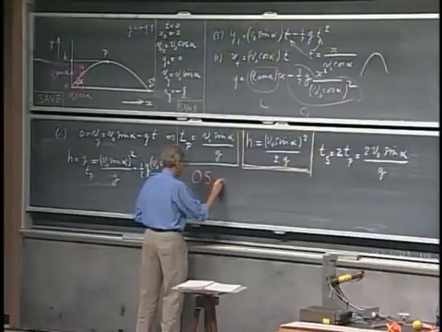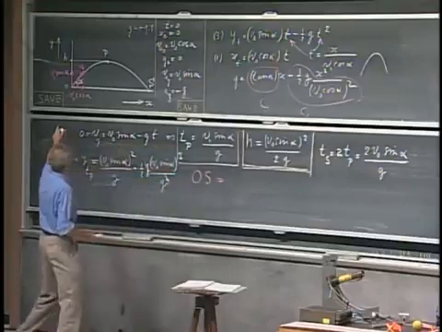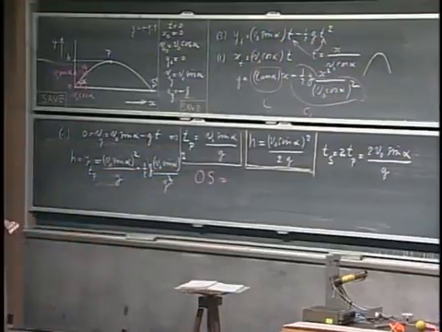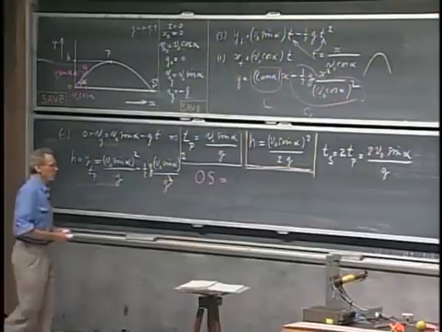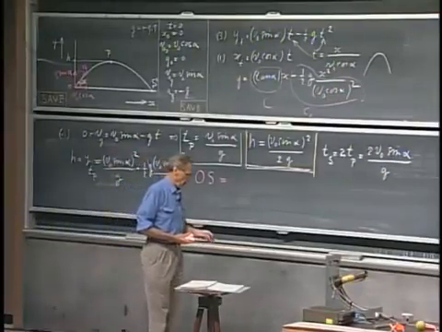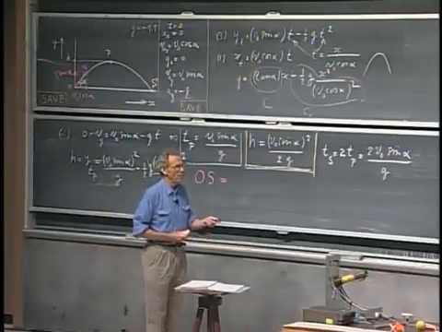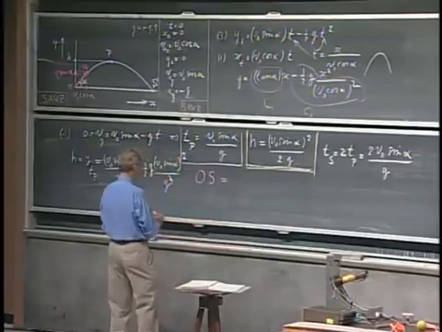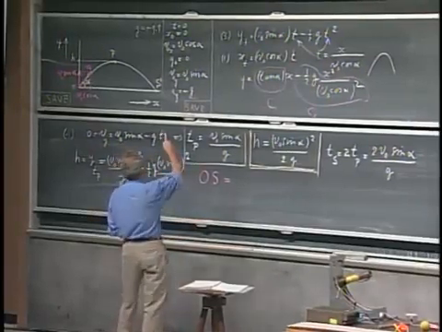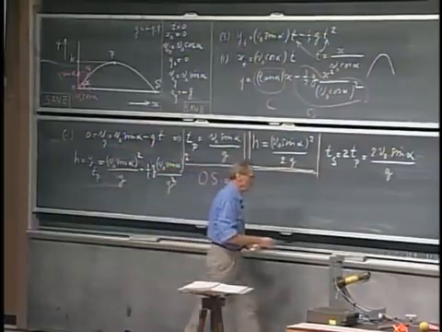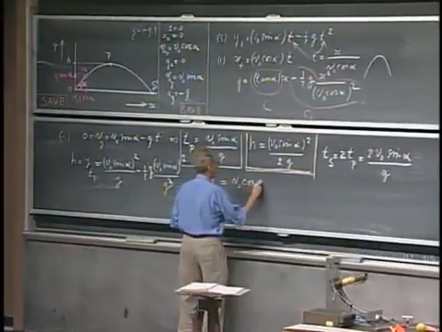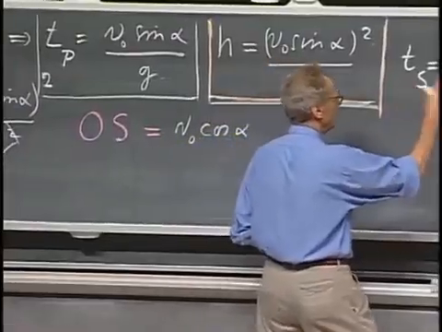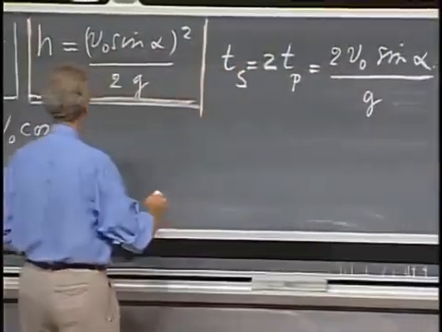I want to know what OS is. The distance OS. I shoot it up and it hits the floor again. What is that distance that it travels? Well, for that, I need equation number 1. It is v0x times the time. And v0x is v0 cosine alpha. So we get v0 cosine alpha times the time to hit it. That is 2v0 sine alpha divided by g.